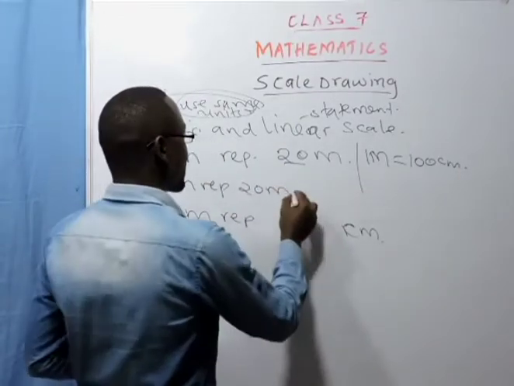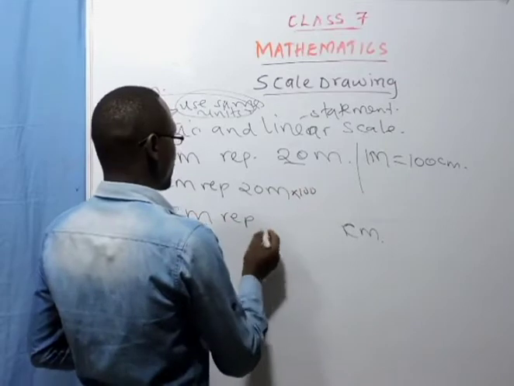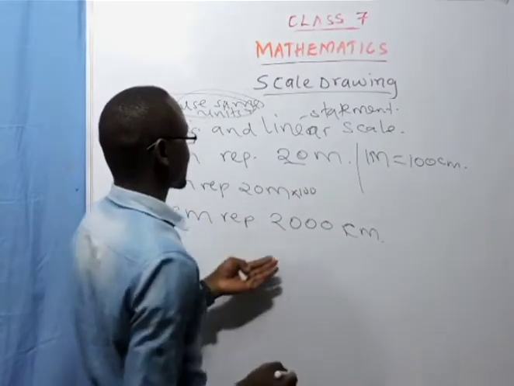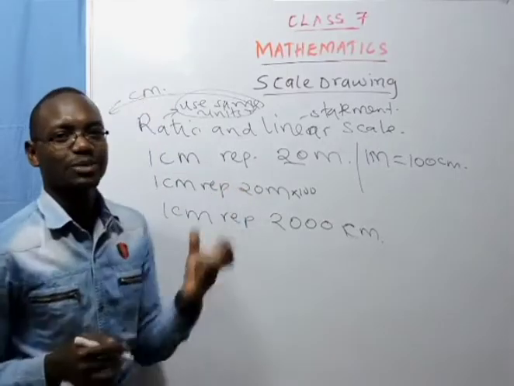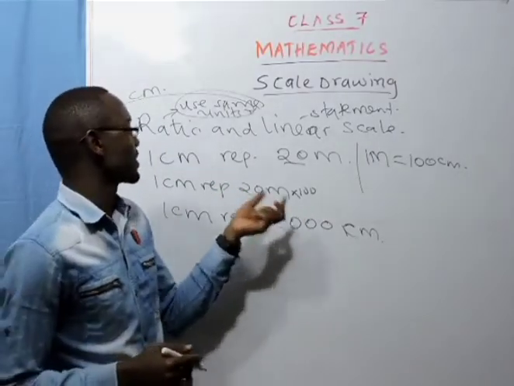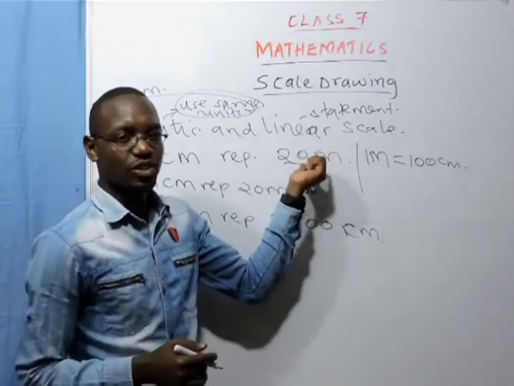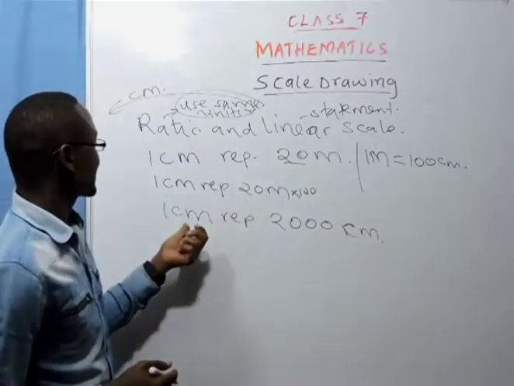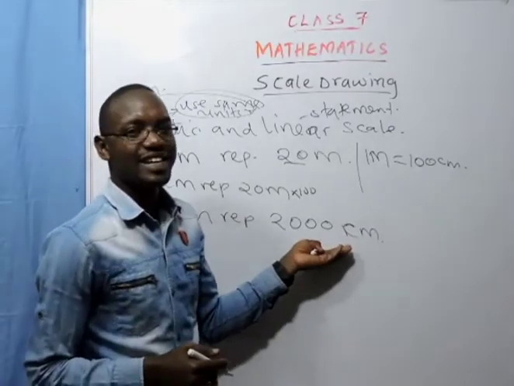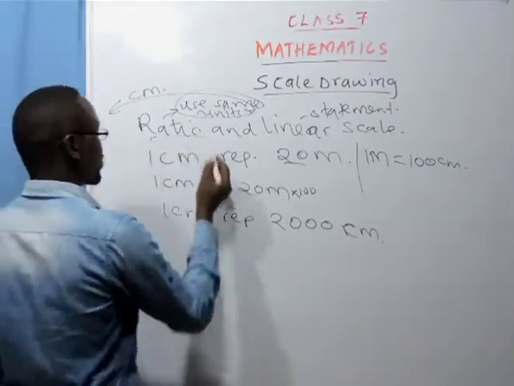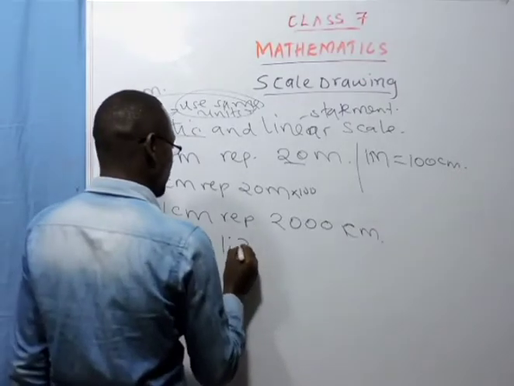We multiply by 100. So this one will be 1 centimeter represents 2000 centimeters. This is just the same scale. We've just changed the units. So as a ratio, the scale will be 1:2000.